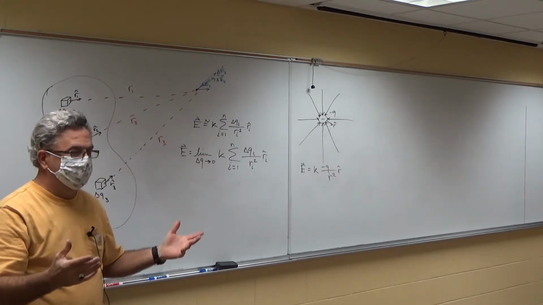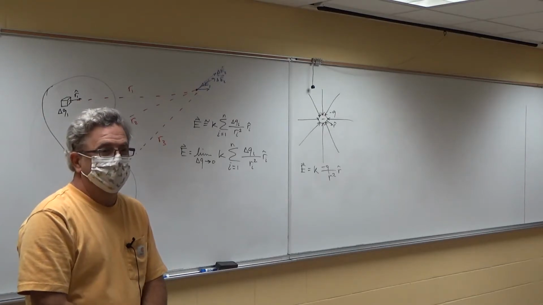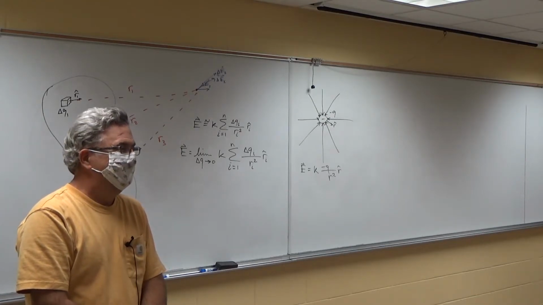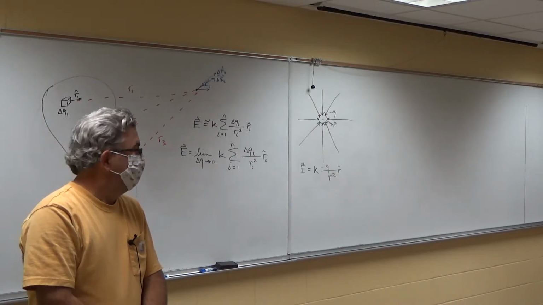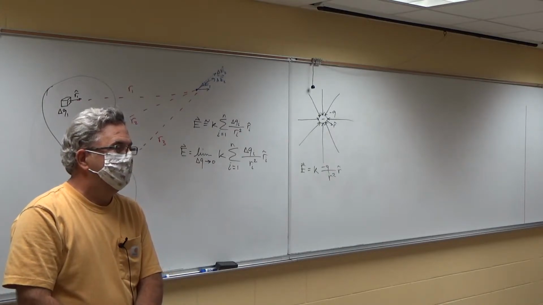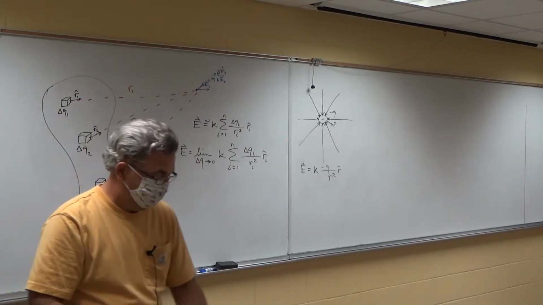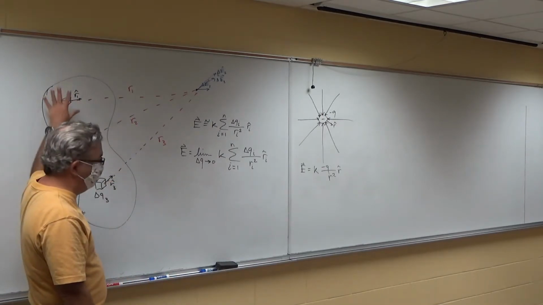And what is that thing that you come out with? But this is a Riemann sum, right? So it's the integral. We turn this summation into an integral over the blob.